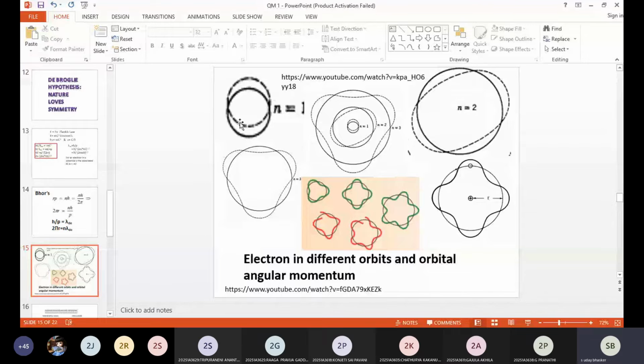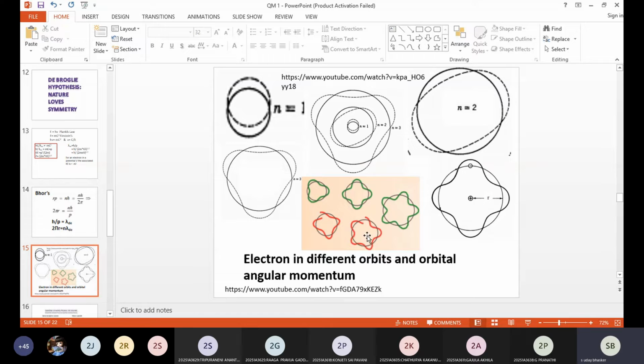So lambda de Broglie here is equivalent to 2 pi r. Here 2 lambda de Broglie is equal to 2 pi r, here 3 lambda de Broglie is equal to 2 pi r, and here 4 lambda de Broglie is equal to 2 pi r. These figures are submerged in one another. The same thing for n is equal to 3, n is equal to 4, n is equal to 5.